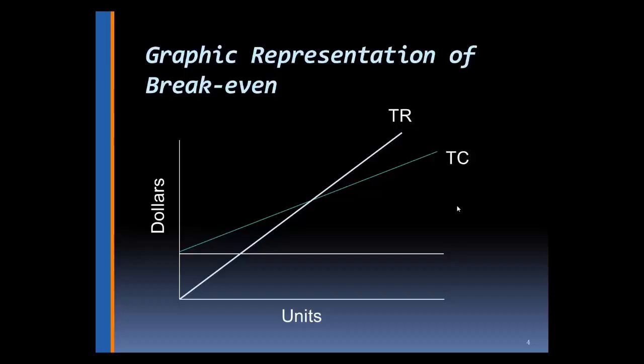So you'll notice that in the lower triangle, before the revenue line crosses the cost line, we're in a position where we have a loss. At the point of intersection, we have neither a profit nor a loss. And then as the revenue line exceeds the total cost line, we're in a profit situation.